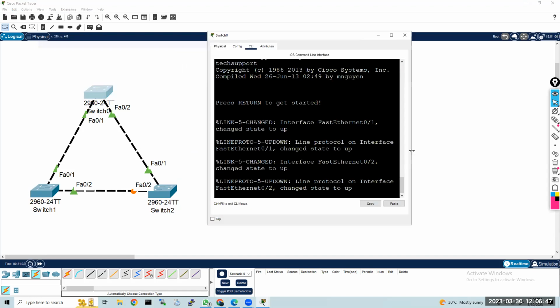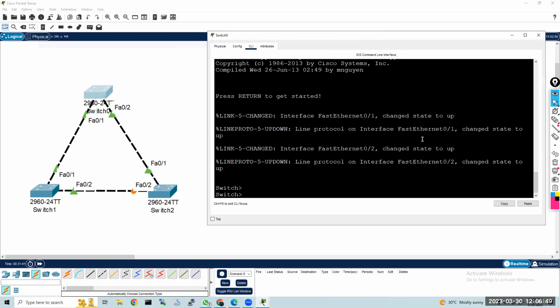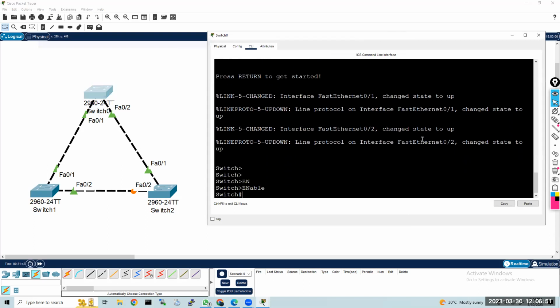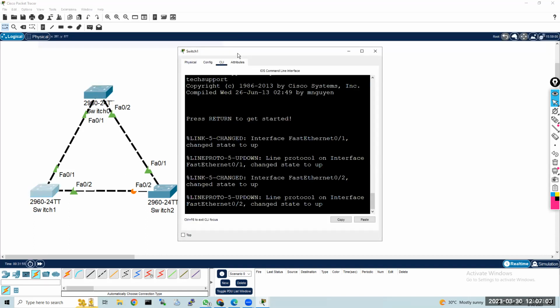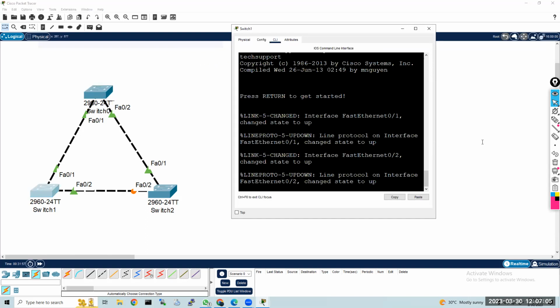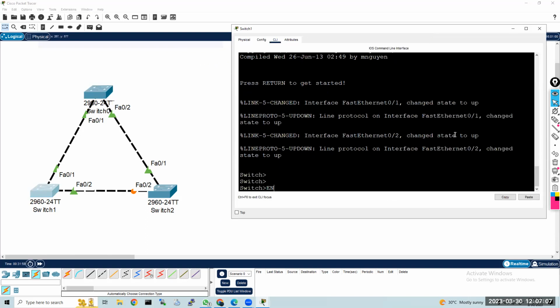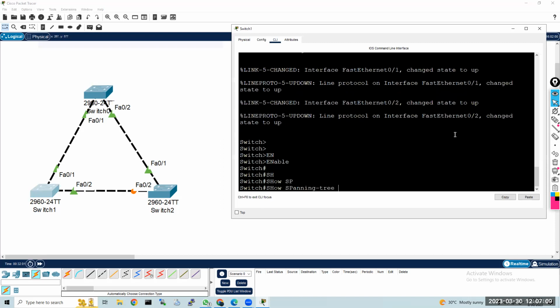Let's check this switch. How do we check? Enable, show spanning-tree. It says this is the root bridge. The cost is 19. I think this has the lowest MAC address. So let's check this one. Show spanning-tree.